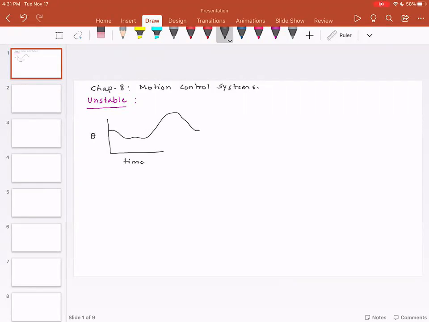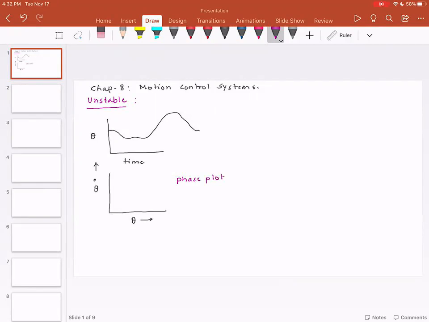Now, what I mean by that is I just want to show you a behavior. Say you have theta dot, which is the angular velocity, and theta, which is the angle. So if you have angular velocity on the y-axis and angle on the x-axis, this is called the phase plot.